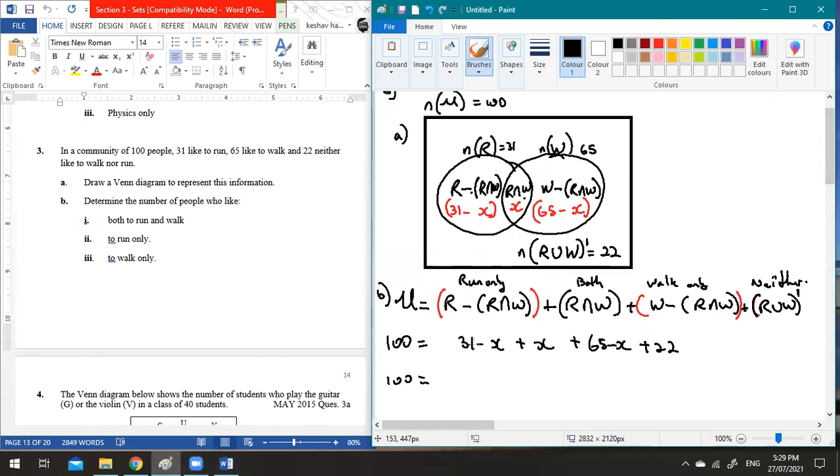And 31 add 65 is 96. 96 add 22 is 118. And just like before, a negative X add X is 0, or will cancel out. So we have this X remaining, so minus X.